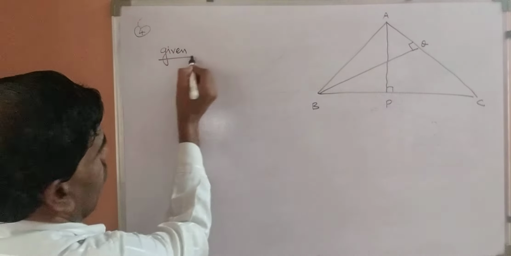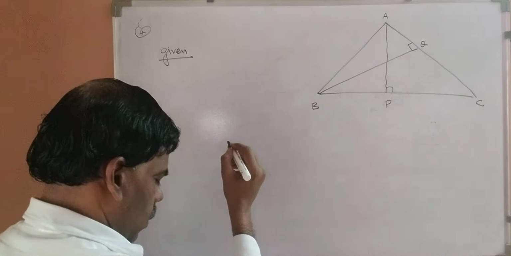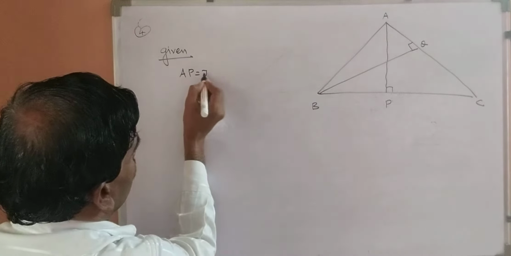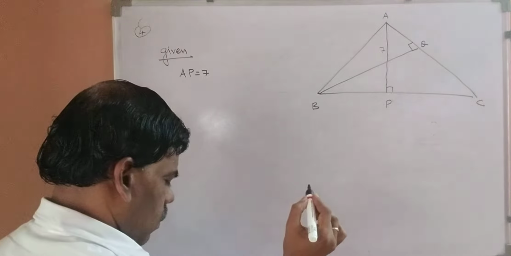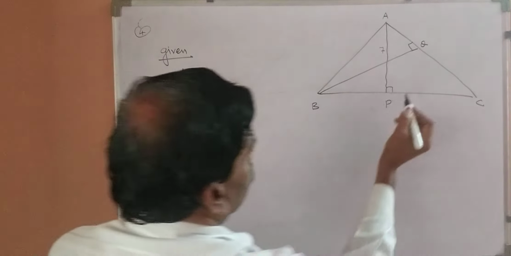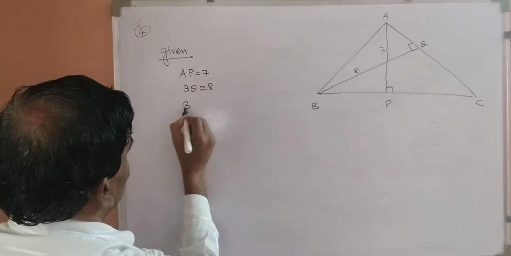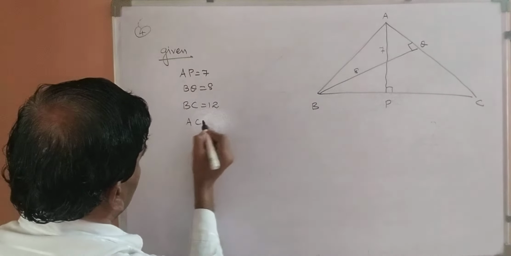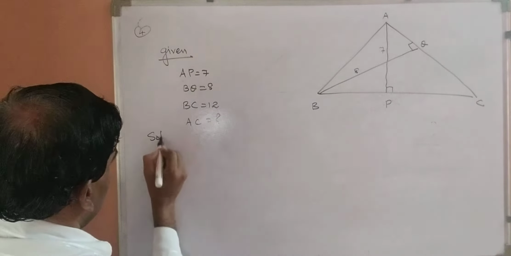First I will write the given things. AP equal to 7, BQ equal to 8, BC equal to 12. Find AC. Now, solution.